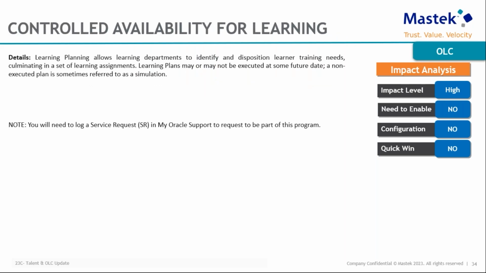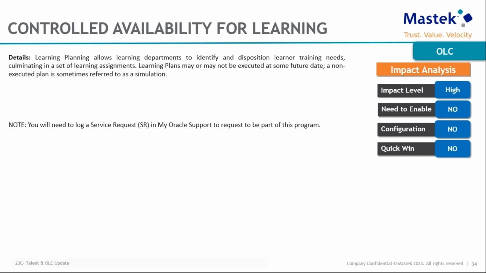Controlled availability for learning features. Some of those features are also being added in learning. The main one right now is learning planning, which can create simulations for you as well. You can have training needs identified, and they are added in a learning assignment, and they might or might not be assigned at a future date.